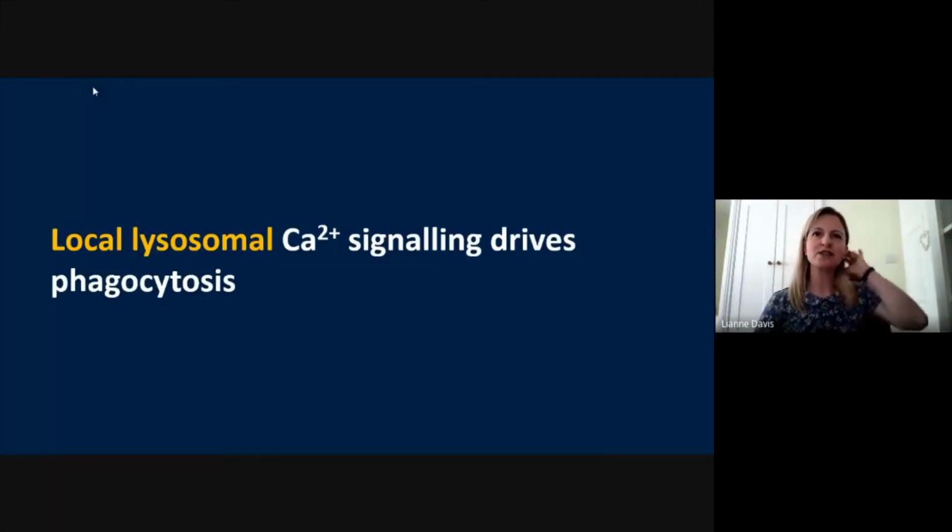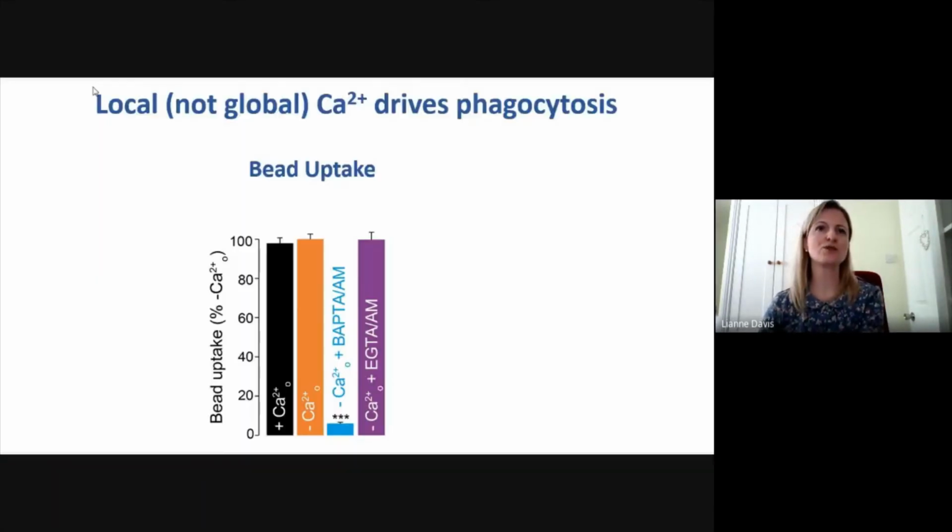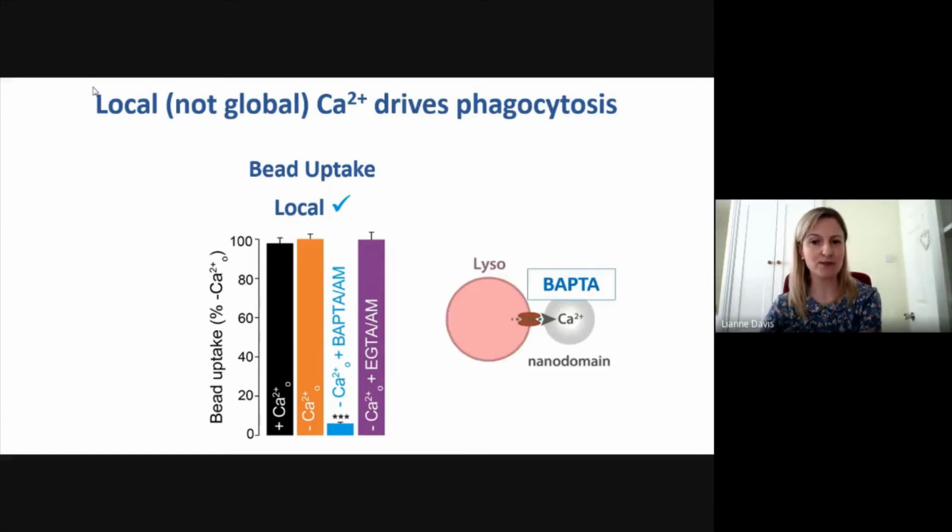So having shown that the global calcium signals are dispensable, could we show that the local lysosomal calcium signals drive phagocytosis? So recall that one piece of evidence supporting a role for local calcium signals were the differential effects of the cytosolic BAPTA and EGTA. So fast BAPTA collapses local domains, whereas slow EGTA cannot.